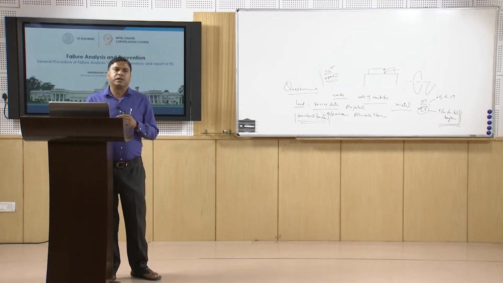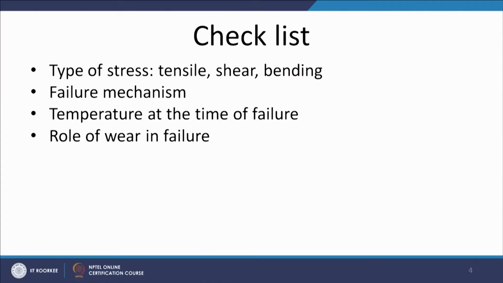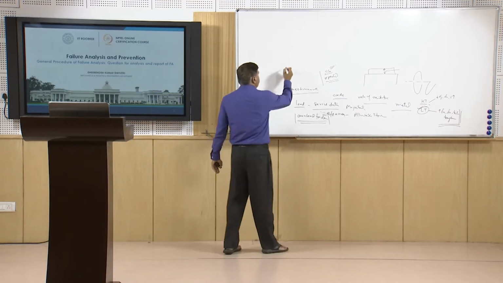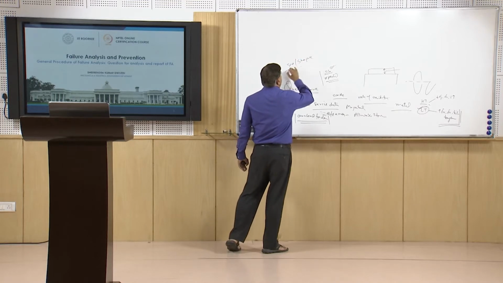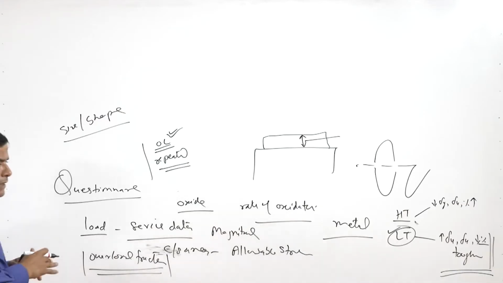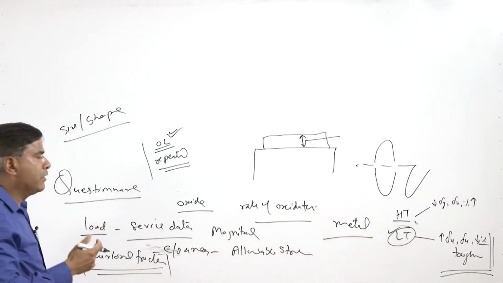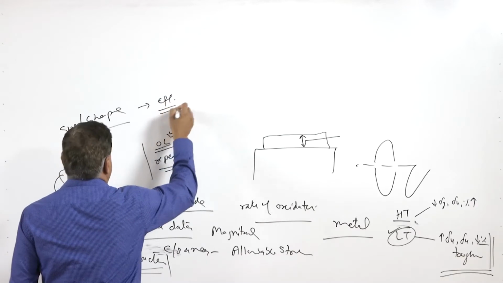Then we need to also see whether there has been any role of the wear in failure, which has degraded the dimensions of the component, and the change in the dimensions of the component will be leading to a change in the size and the shape of the component. So, sometimes change in shape of the component does not stop the working of the system, but it reduces the efficiency of the system.